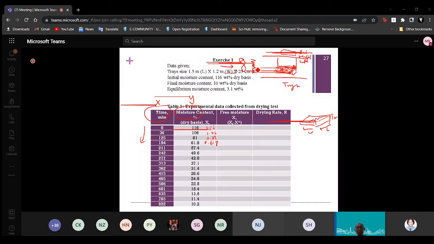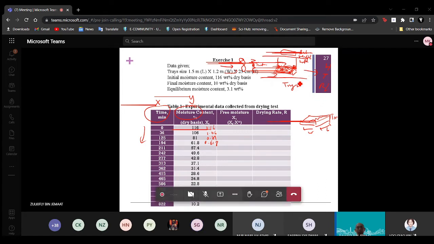So the air comes in contact with the heater, and then is exposed to the wet material here. And then it goes out. Normally we measure the humidity, the temperature, and the relative humidity if you have it, and so on.